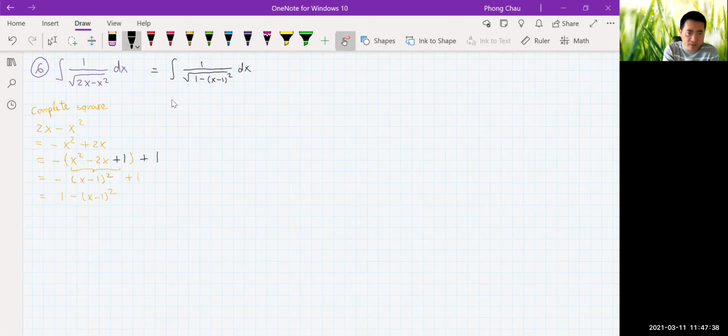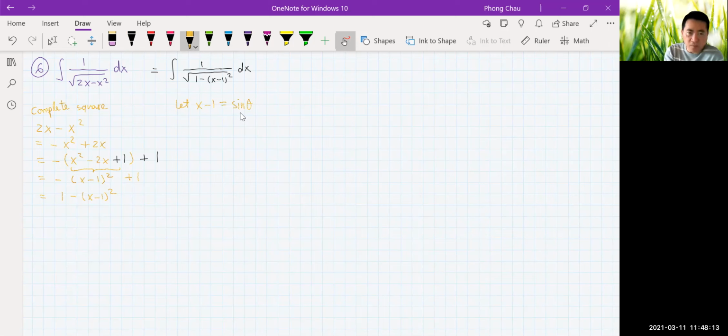So that suggests we could try, instead of x, letting x minus 1 be sine of theta. X minus 1 is sine of theta.